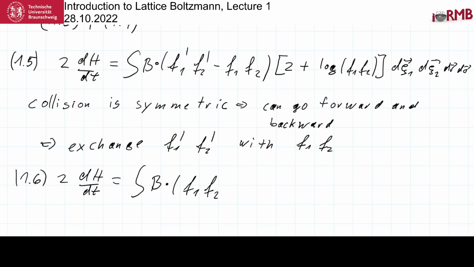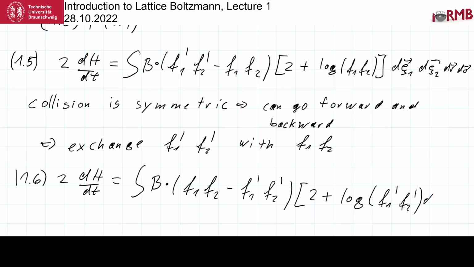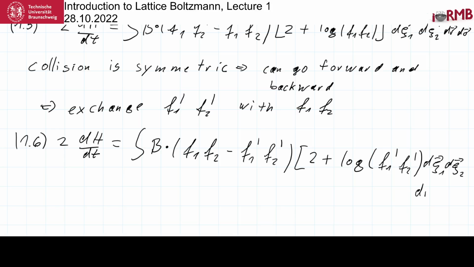Now they come before collision minus the one with the dash here times 2, and now comes log the f1 dash, f2 dash, and all of this is still integrated over the entire velocity space in both directions and over the entire universe and over all directions. Now we are almost done. We are also almost done in time.